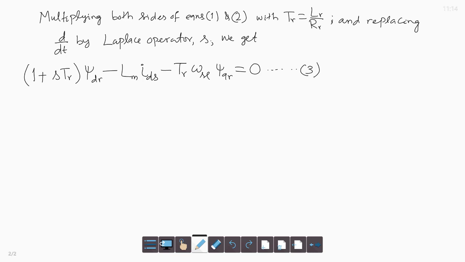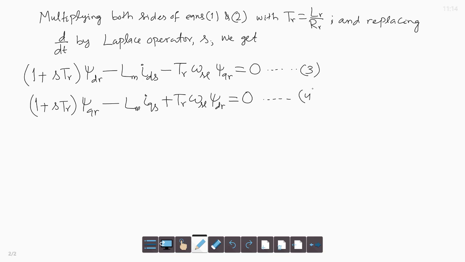Similarly, for the q axis winding, (1 plus sTr) into psi qr minus Lm into Iqs plus Tr into slip speed omega sl into psi dr is 0. This is equation number 4.